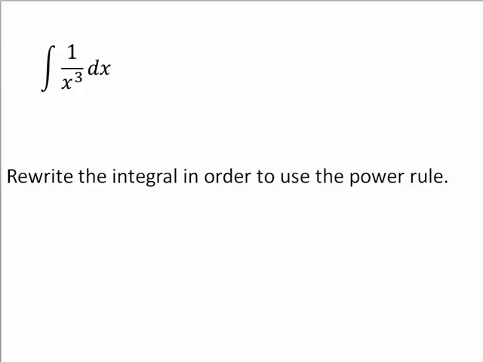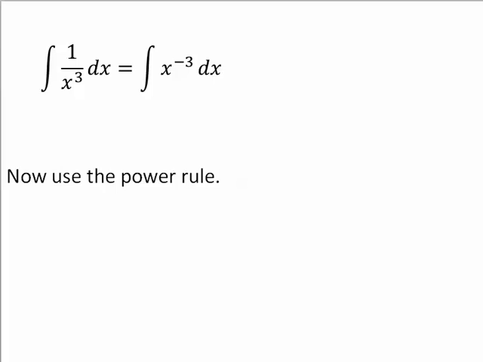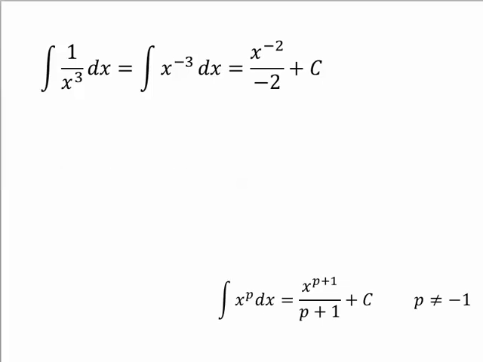So instead of 1 over x to the 3, I write it as x to the negative 3. Now you use the power rule. Now the power rule tells you to add 1 to the exponent and then divide by that new exponent. Then you just have to clean it up, and you can find the antiderivative of 1 over x to the 3 is equal to negative 1 over 2x squared plus a constant.